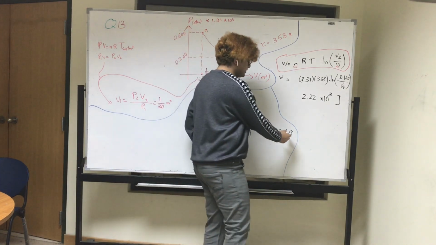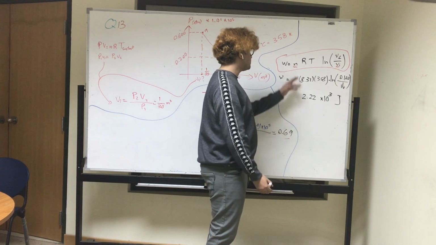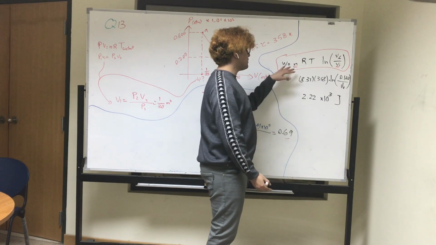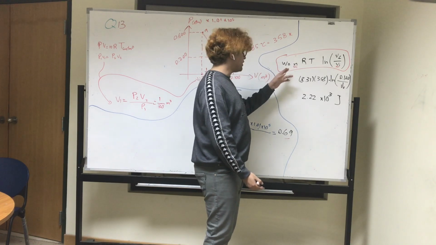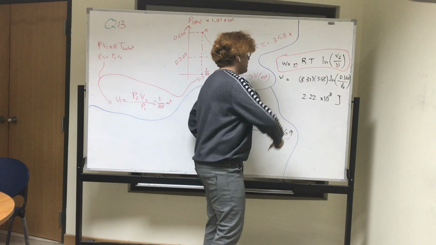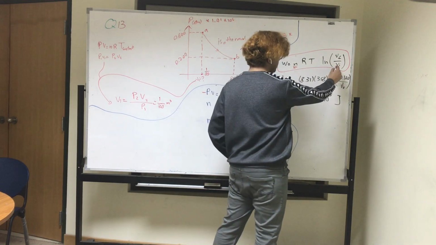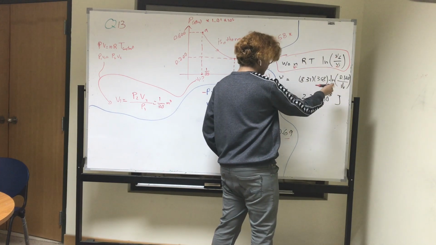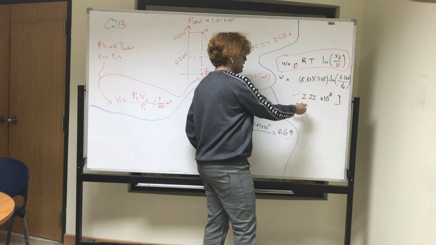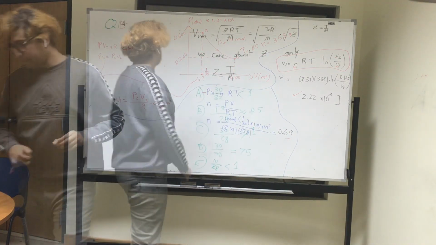And once I get this number of moles, the rest is just plugging numbers into your equation. This is straight out of your equation sheet, with n being the number of moles, and the initial volume and the final volume, and you'll be getting this number, and that's your answer. All right, guys.